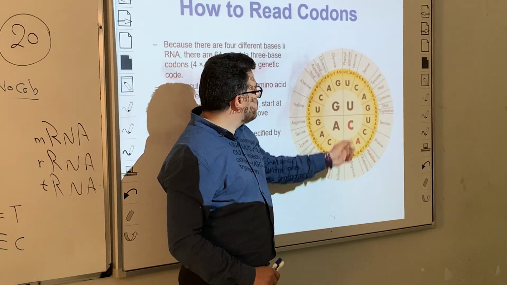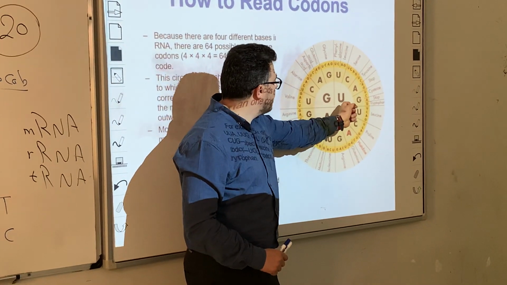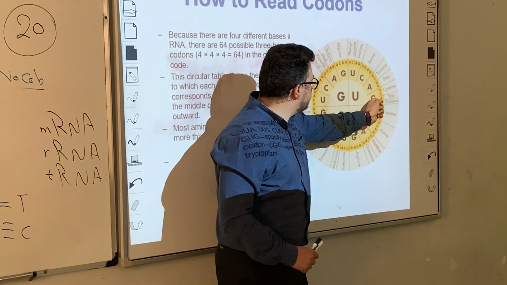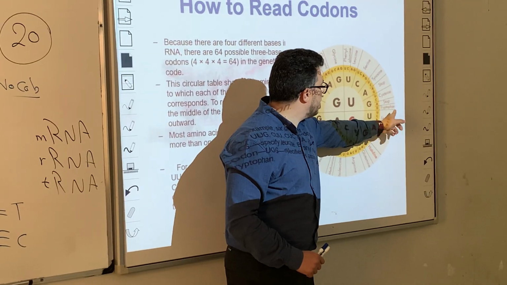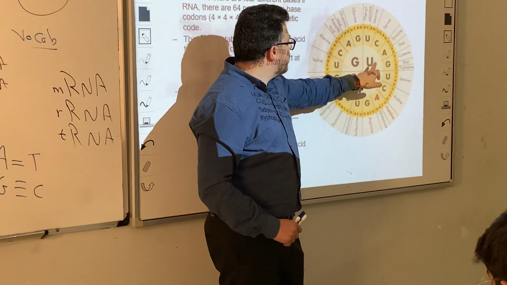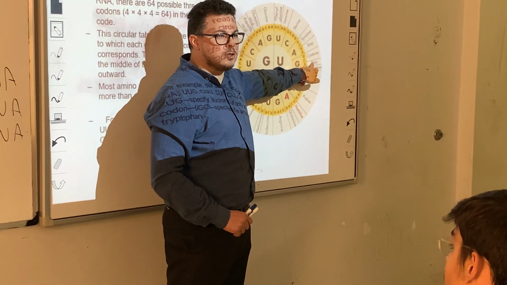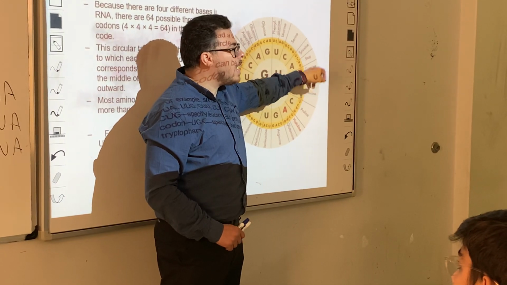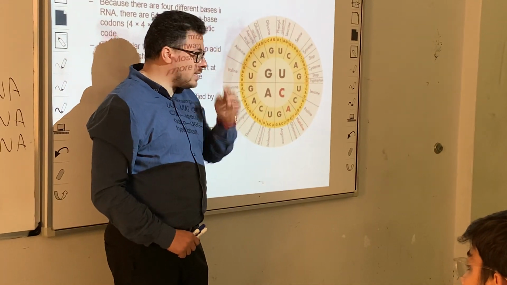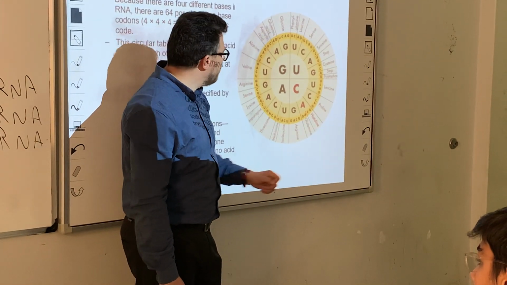So the codon is how many letters? 3 letters. Perfect. So when you say U, G, G, it refers to a specific protein. U, G, A, stop. Stop means what? Stop codon. It means that the translation will stop at this codon. Okay?